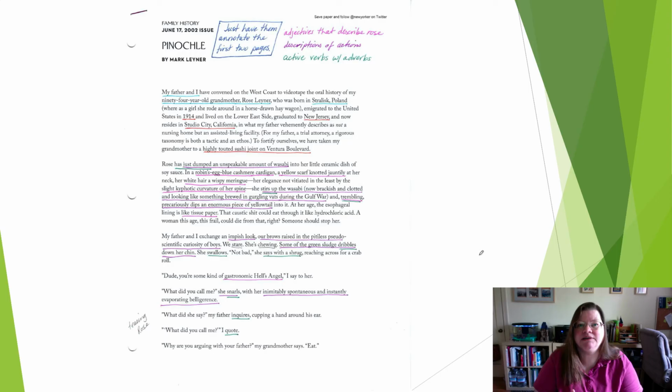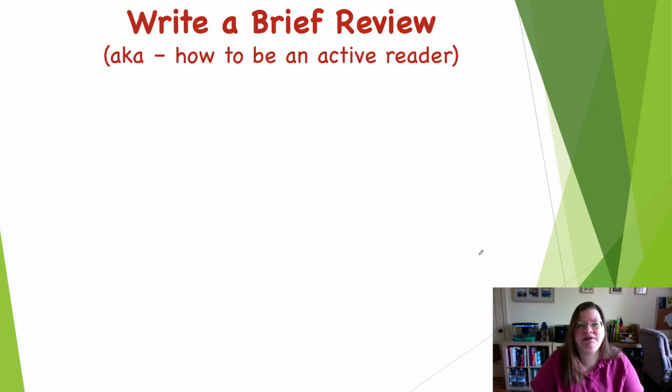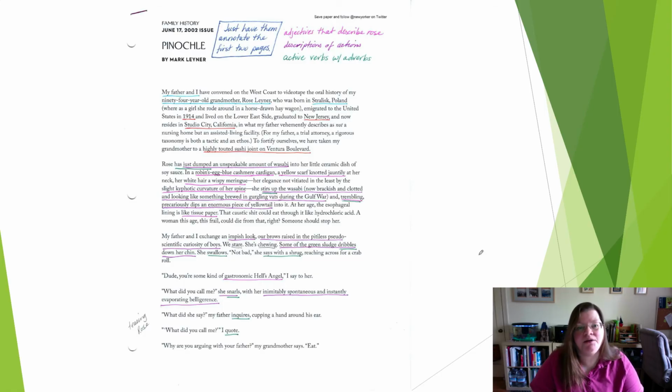annotation. Now, sometimes we're not annotating just to remember or understand. We're looking for particular things in our analysis of this. So I wanted to also show you this one. This is the first page of a story called Pinochle by Mark Lehner. And what I was trying to show students in this particular one is how interesting his descriptions are.